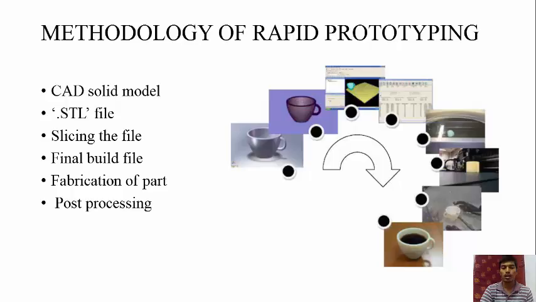STL files are nothing but the files which are 3D printing machine friendly, so that every 3D printing machine in the world uses STL files to make the 3D model. So it's very compulsory to convert a CAD model in any form into an STL file form.